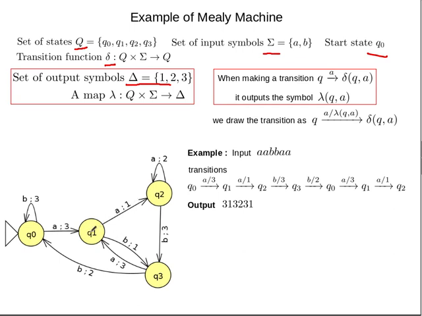There is no other transition. So the transition is completely determined by the current state and the current input symbol, like delta.